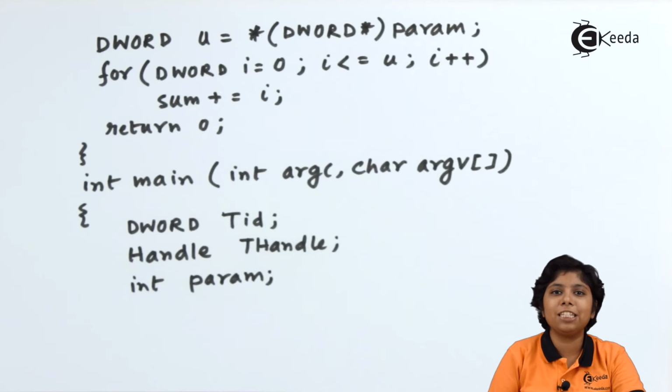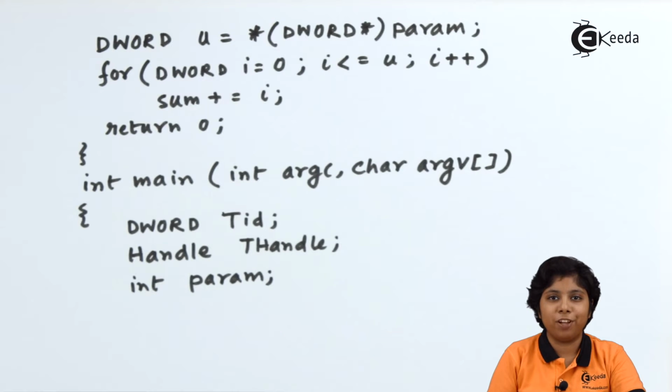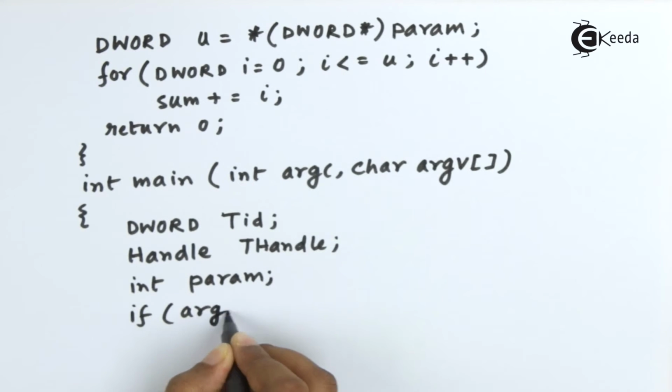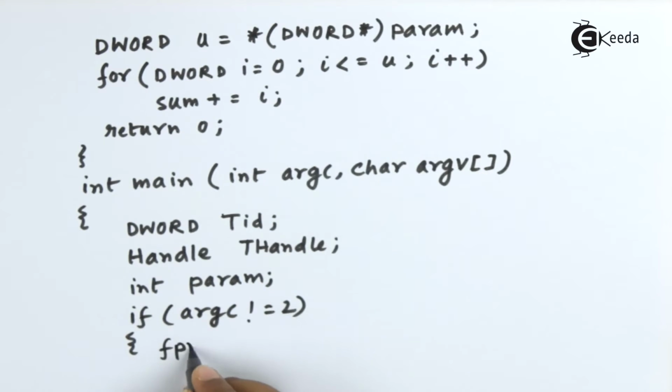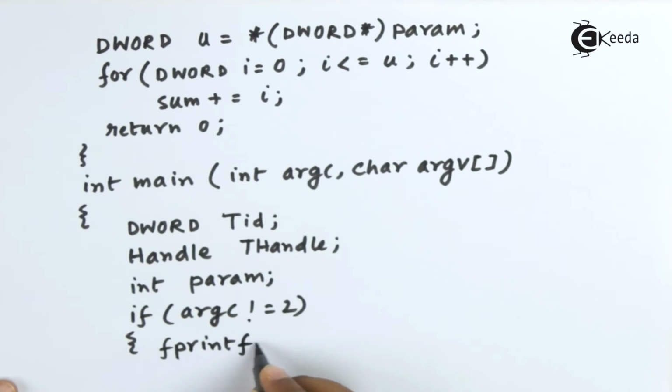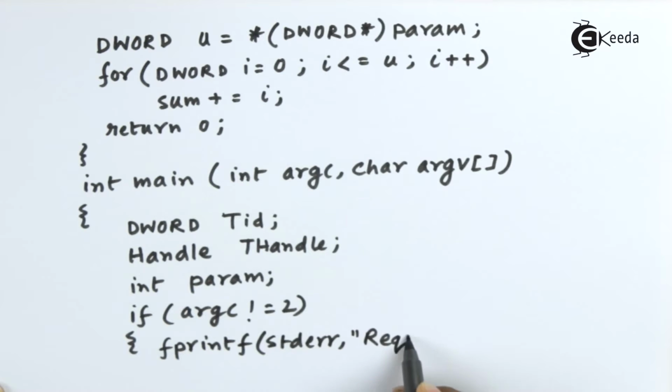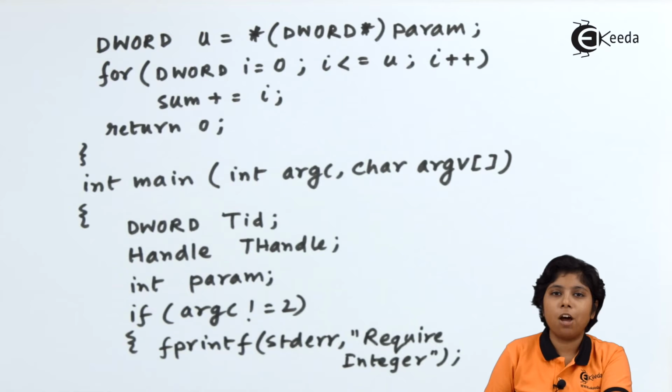And the third one is the integer parameter known as Param, which will store the argv command line argument that the user inputs as the non-negative integer value. So now we are checking whether the number input in the command line is an integer or not.